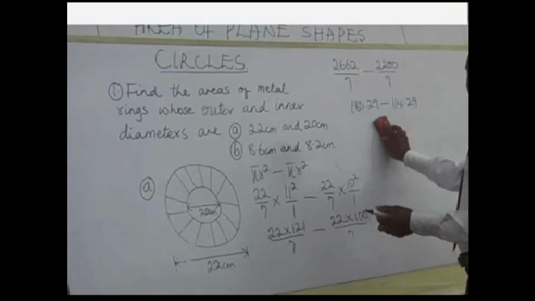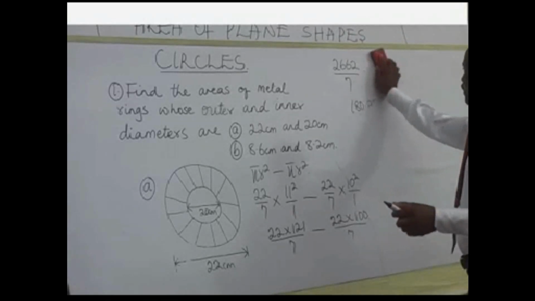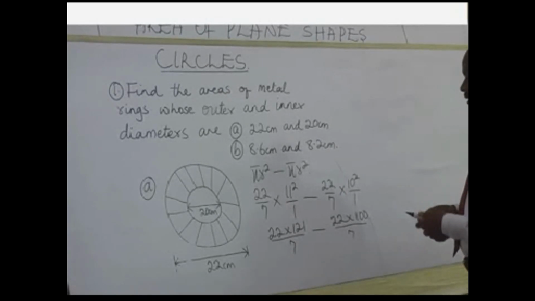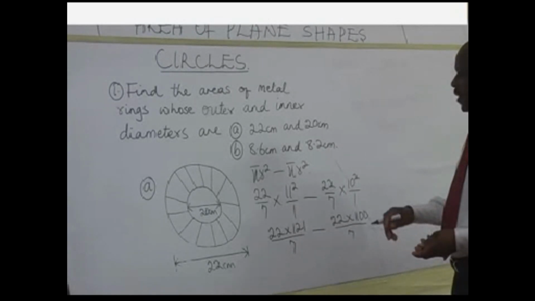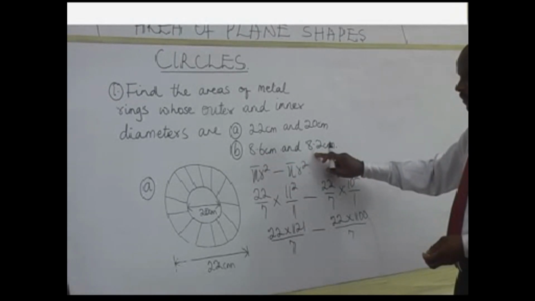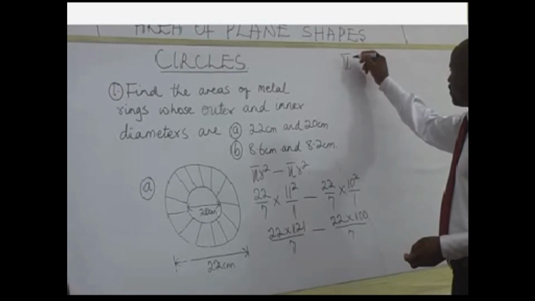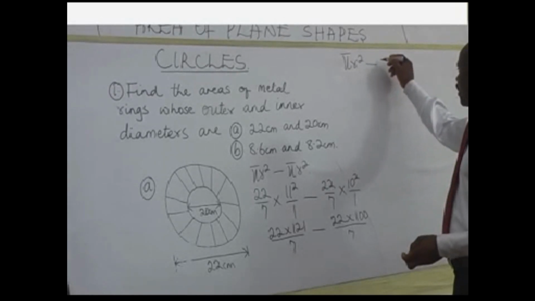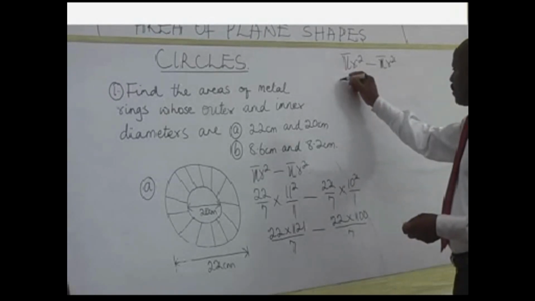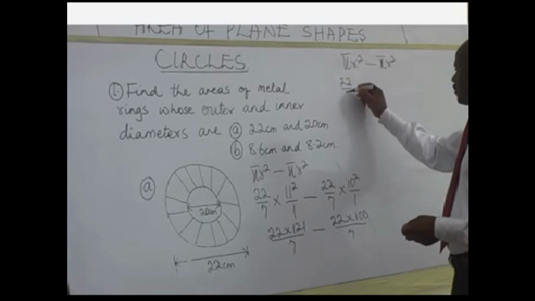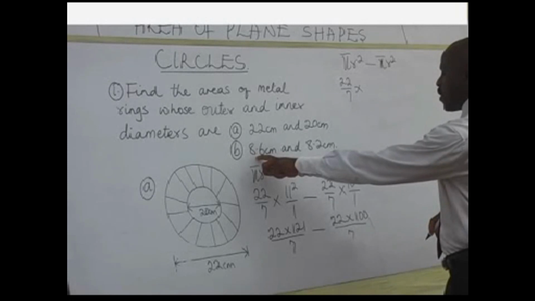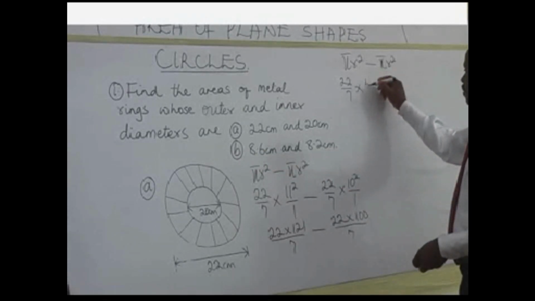The second part of the question, that is part B, is just like the first one, where the outer diameter is 8.6 and the inner diameter is 8.2. From the same formula, pi r squared minus pi r squared, we have 22 all over 7 to represent pi times half of 8.6, which is 4.3.